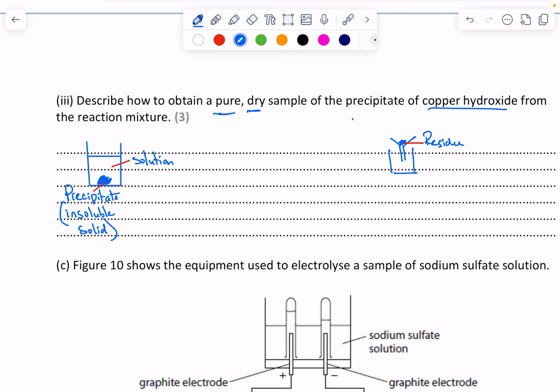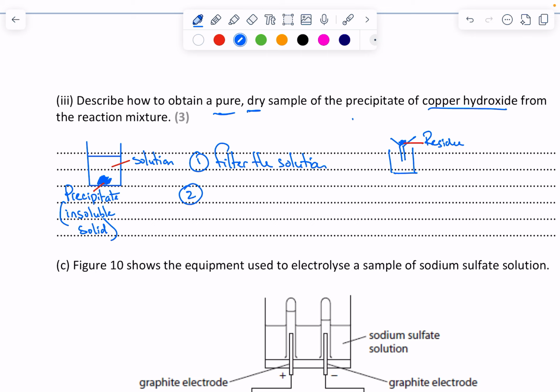So in order to remove an insoluble solid from a solution, the method I would use is filtering, because the precipitate, being insoluble, would be trapped in here as the residue in the filter paper. So the first step is you would filter the solution.